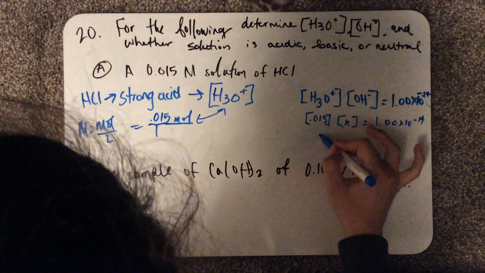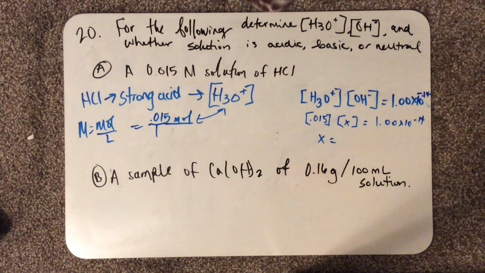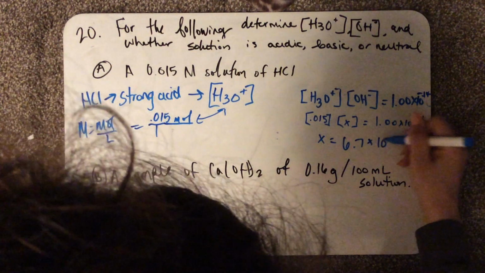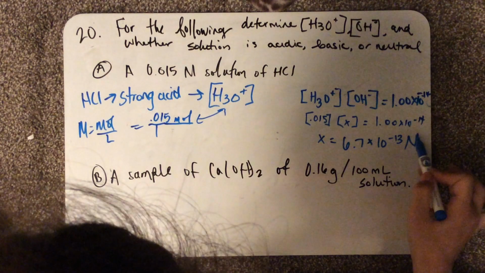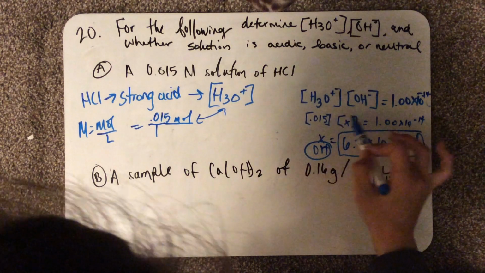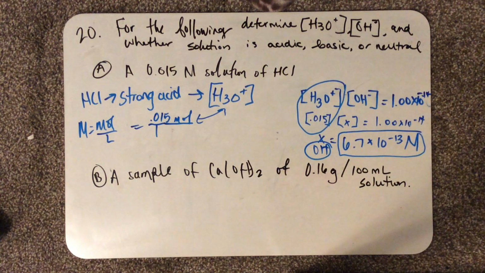Alright, so when I solve for x, I get 6.7 times 10 to the negative 13th molar. So here's our concentration of OH, and here's our concentration of H3O plus.